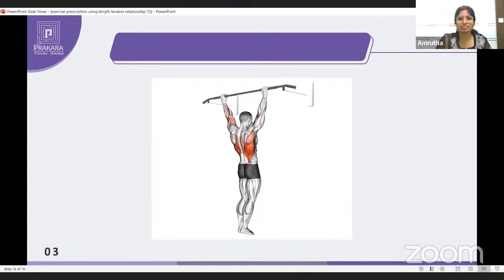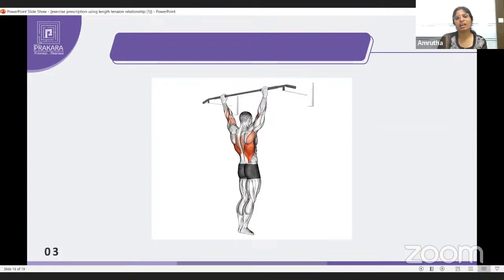Isometric exercise doesn't just mean body weight exercise only. No, isometric exercise basically means the length should not change. Once the length is fixed, fix the length there and then prescribe the exercises. So these three exercises I have shown just to say how beautifully the body weight is enough for any muscle to work.